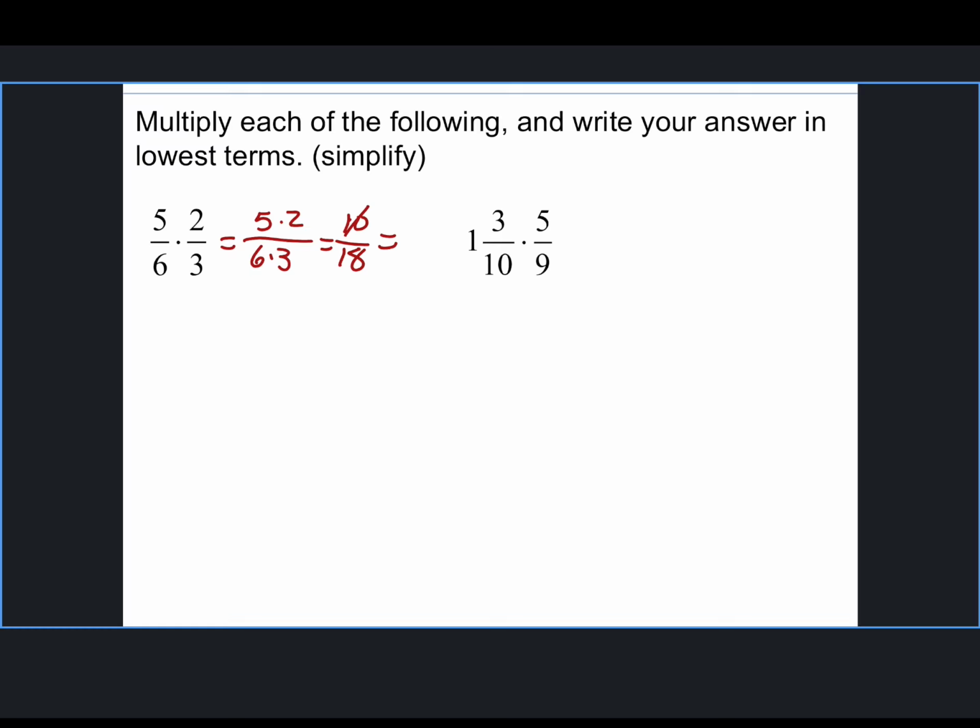So 10 divided by 2 is 5, and 18 divided by 2 is 9. Would it help if I wrote this out as 2 times 5 over 2 times 9? Is that better? And the 2's cancel. So we're left with 5/9.